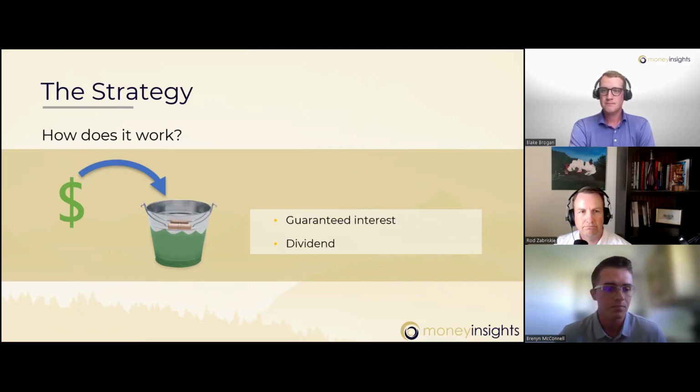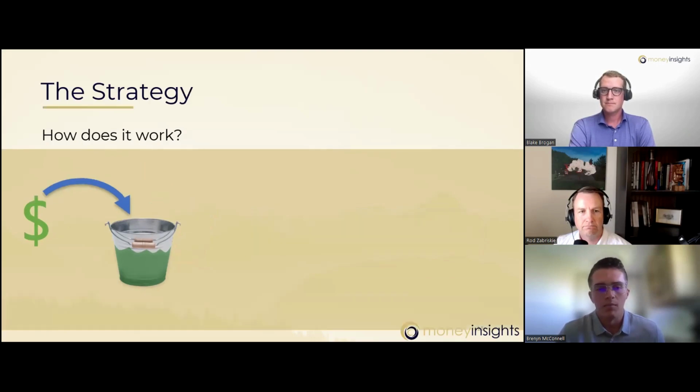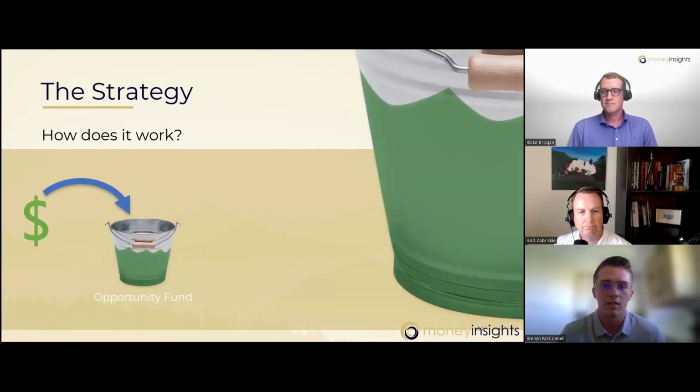inside the policy. So let's talk a little bit more about the mechanics of how this works with the flow of the cash. The money goes into the opportunity fund. We're not going to take money from that specific policy, but because we have this policy, it allows us to have access to a much bigger bucket of money, which is the general account of the insurance company. We're going to take a loan from the general account using our opportunity fund as the collateral for that loan.